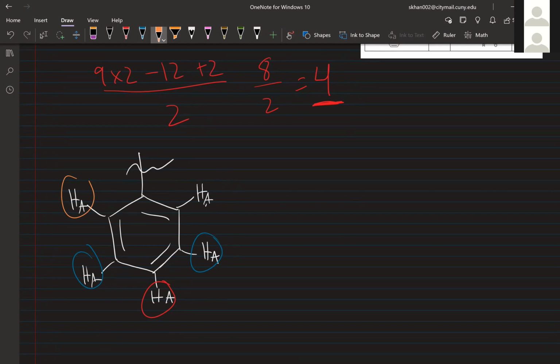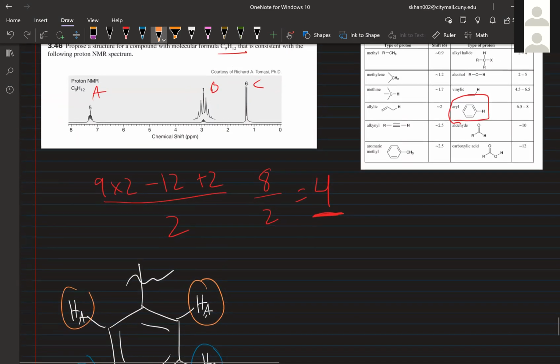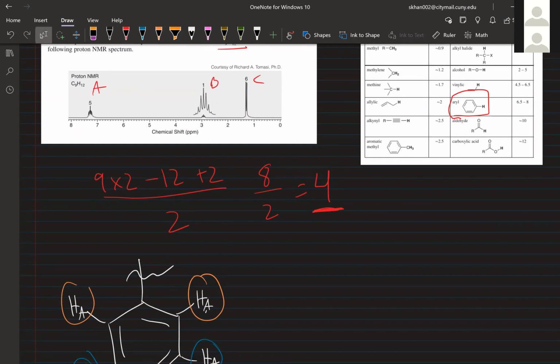I'll leave those colors just to make that point. If it was asking for signals, say a question that gave you a structure and asked for different signals, these would be distinct signals: an orange signal, a blue signal, a red signal. But in terms of a spectrum, they're so close together they'll just show up as one gigantic multiplet, right?